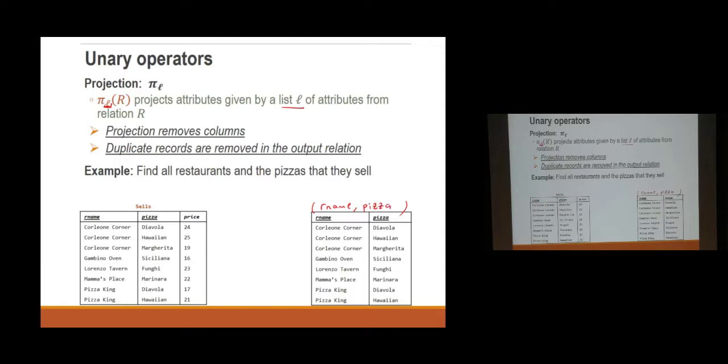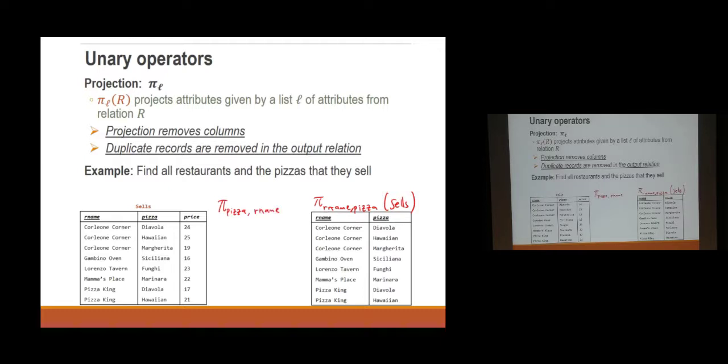Okay? So if you want, you can write this as pi, R name, and pizza from cells. If you want to reverse the ordering of the tuple, then you can actually also say pizza and R name.